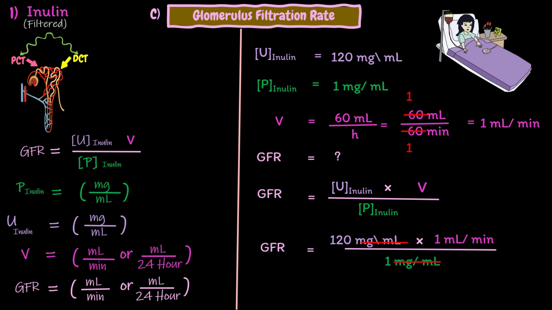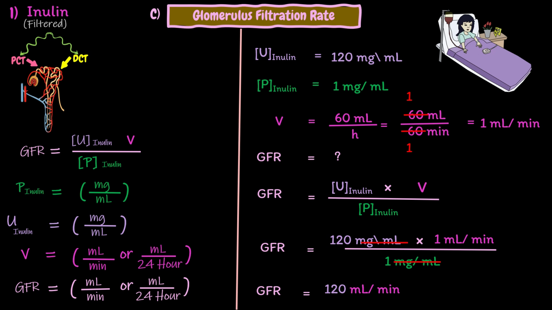These units are the same, so they cancel each other. So 120 times 1 equals 120, and 120 divided by 1 equals 120. So, the patient's glomerular filtration rate is 120 milliliter per minute.